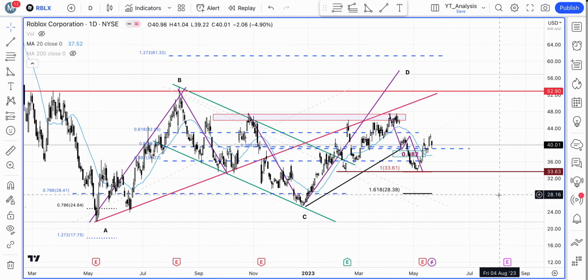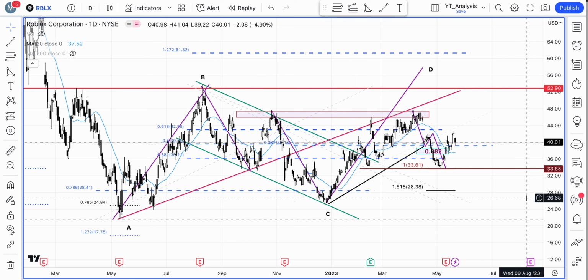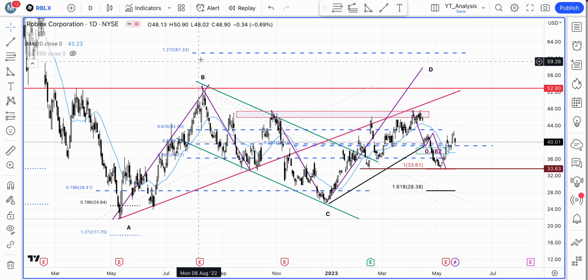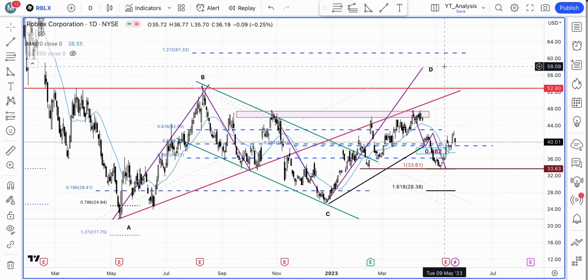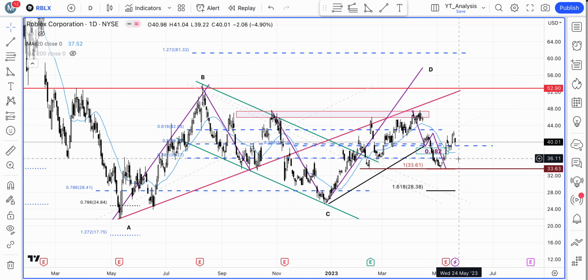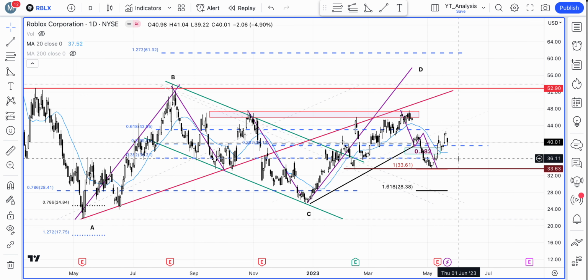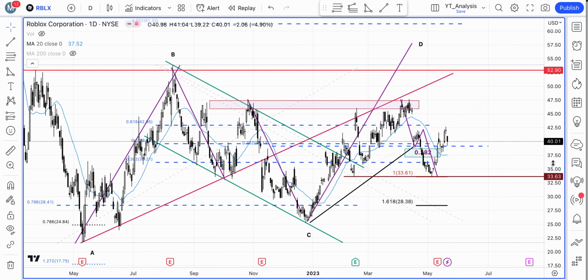We were initially thinking, and we still think, that this stock might actually be in an ABCD formation to the upside, and we could see the stock trade up to about $58 to about $60, roughly speaking. But on its way to the upside to these levels, there are a number of challenges.